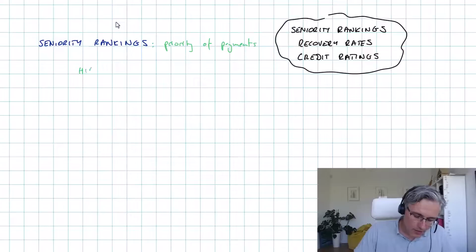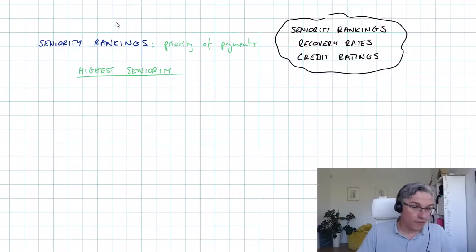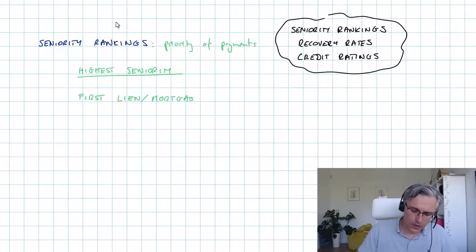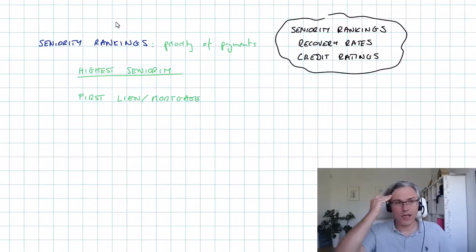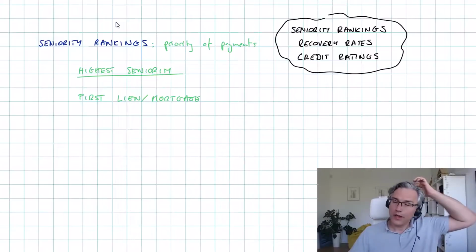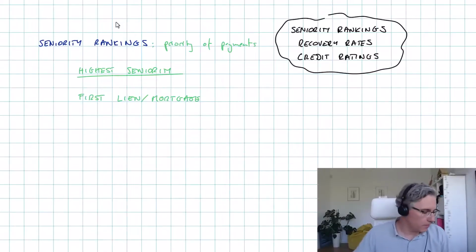Let's begin with the highest seniority ranking. The highest seniority will be associated with what we call the first line or first mortgage. Now it's also possible to have second line or second mortgage, and we'll talk about this in a moment.